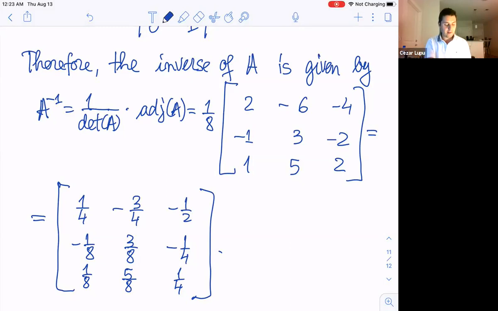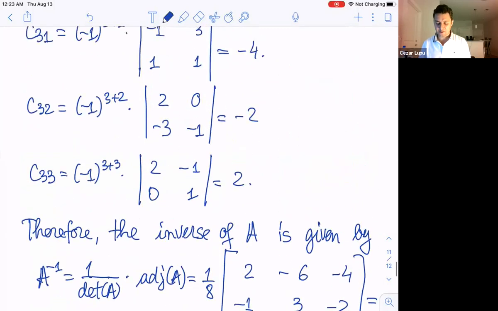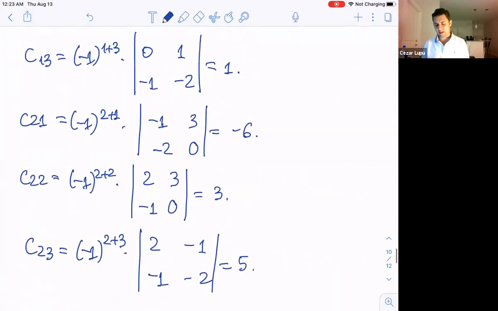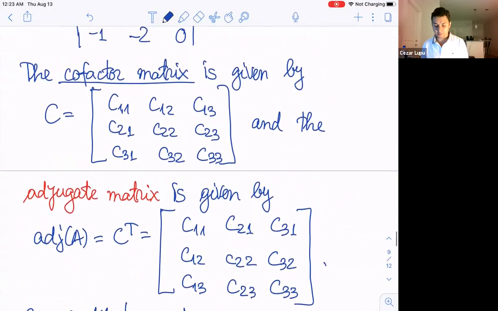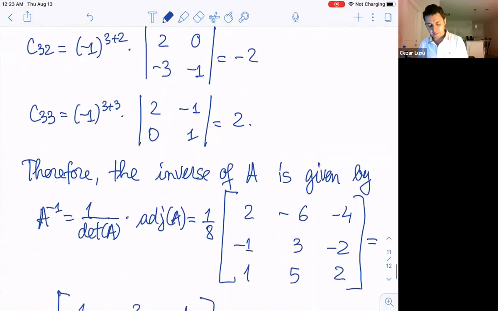This is how I learned it in high school in Romania. But once you see the third solution, which I like the most, to be honest with you, you will see that this second solution, computing the adjugate and everything, is not practical at all, as far as I'm concerned.